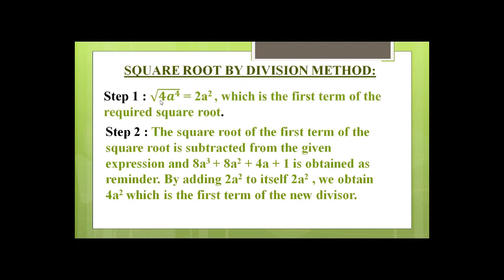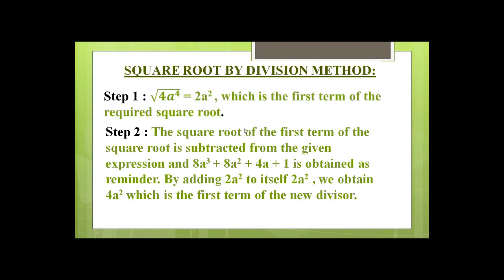Step number 1: first you find the square root of 4a4. The square root of 4a4 is 2a square, which is the first term of the required square root.